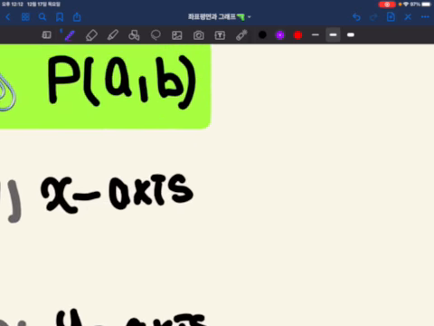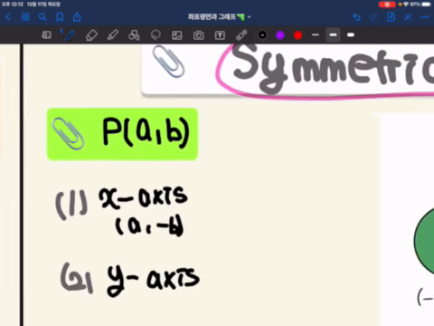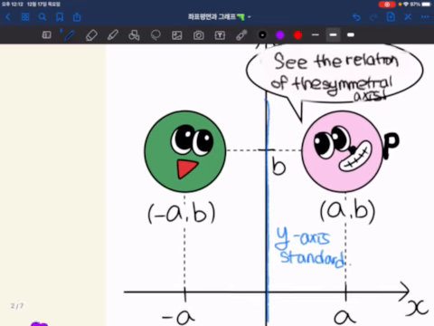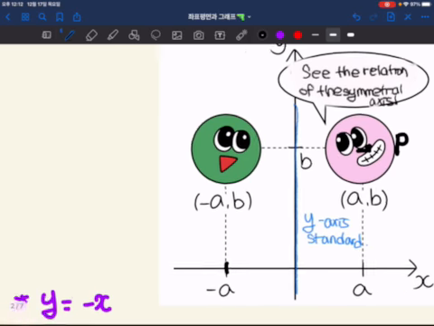So firstly, the x-axis. The x-axis has the value of a and minus b, because if we have a and b, its symmetrical point to the x-axis should be a, minus b.